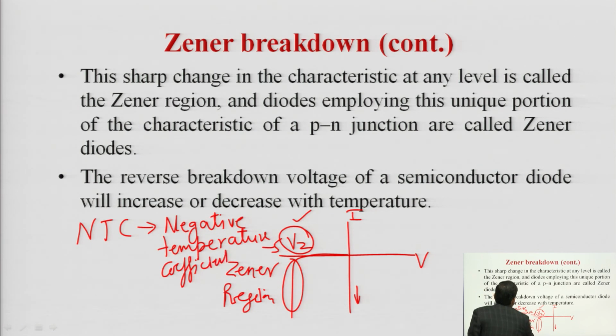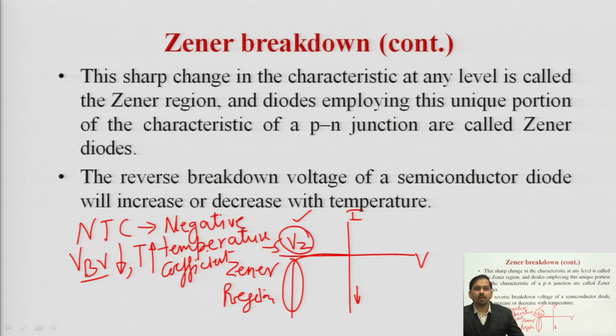Now, what is this negative temperature coefficient? It is any quantity which decreases on increasing a variable. Let us say here we are talking about the breakdown voltage, VBV. So, this VBV decreases on increasing the temperature.